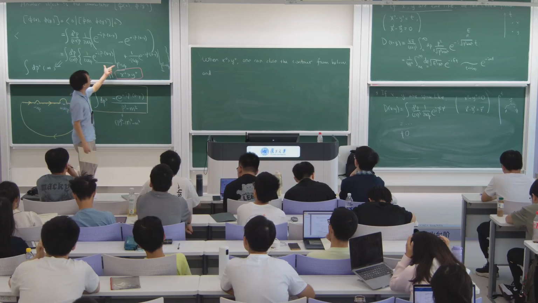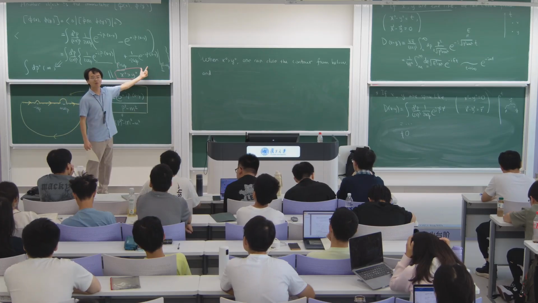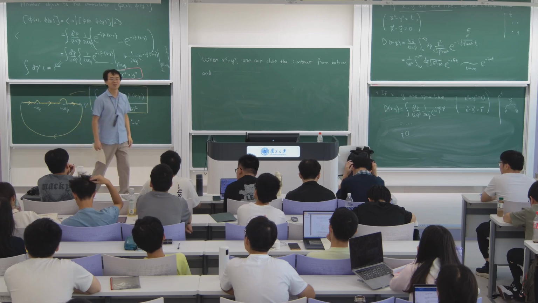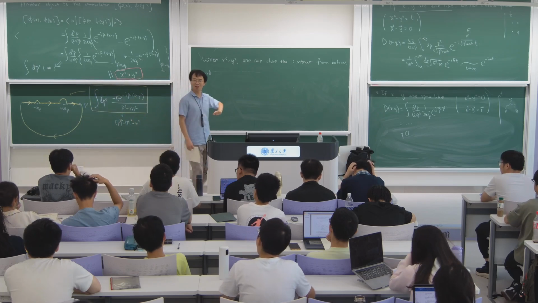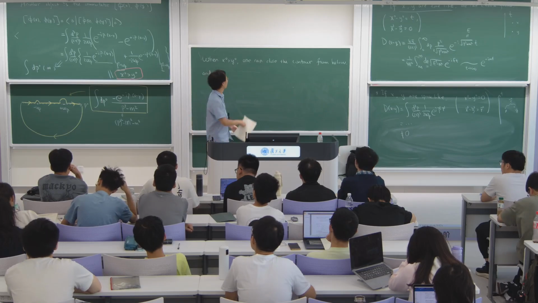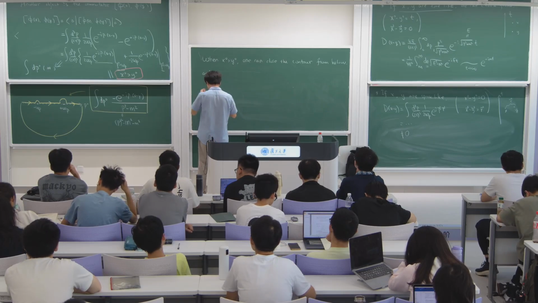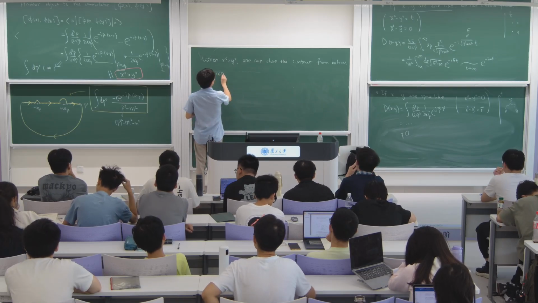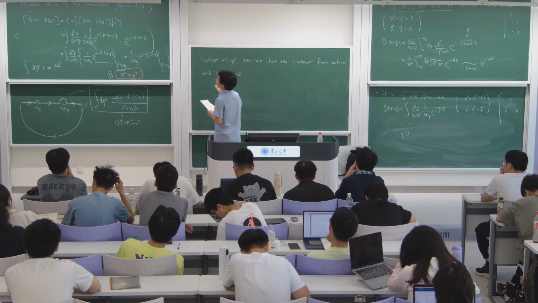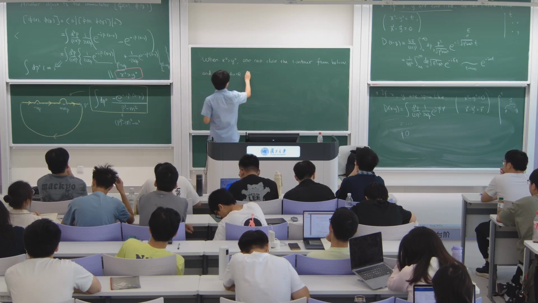We indeed need two terms, because we want to cook up some contour integral to reproduce these results. That's why we need to close this contour from below, and reproduce what? Reproduce this bracket result.